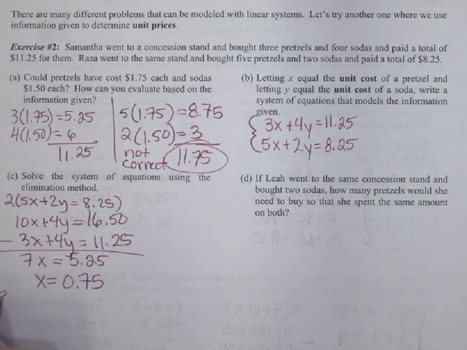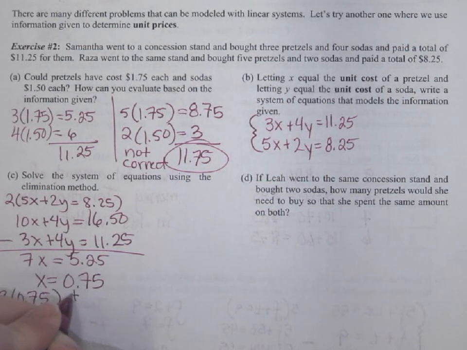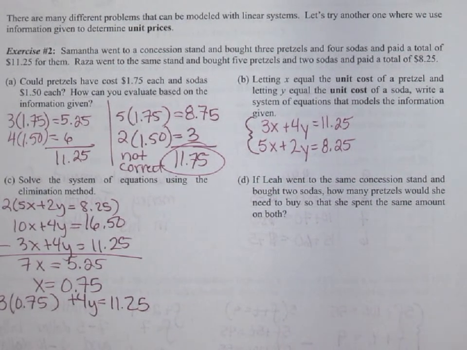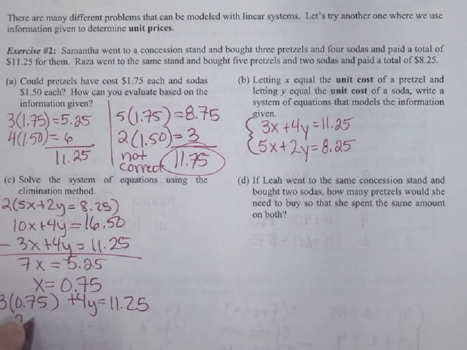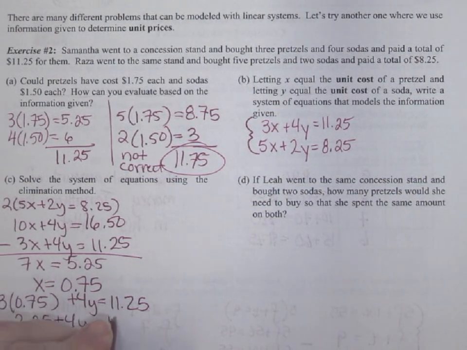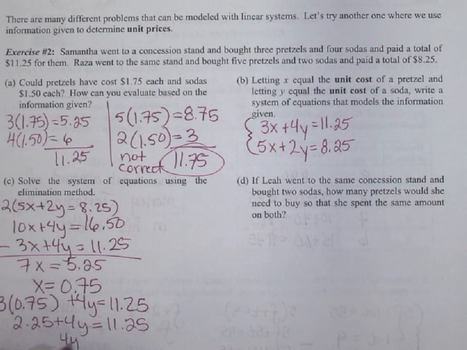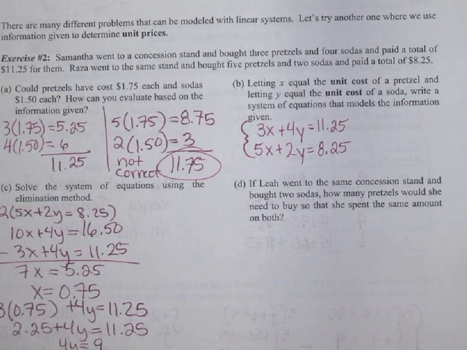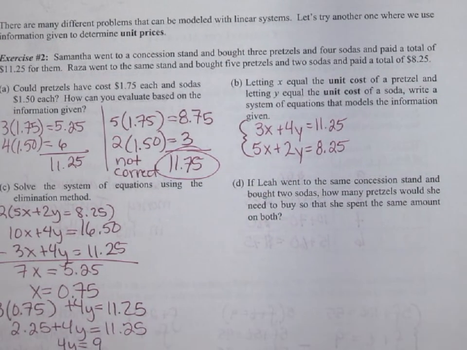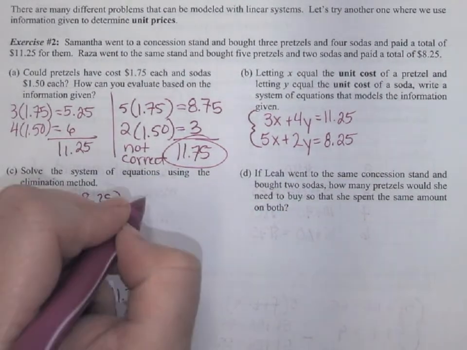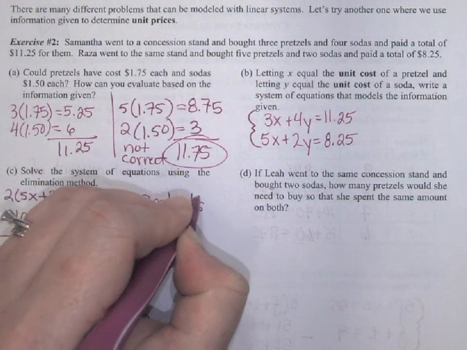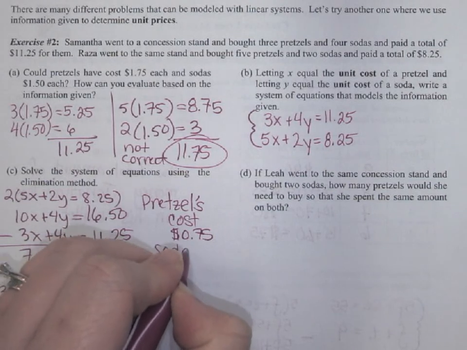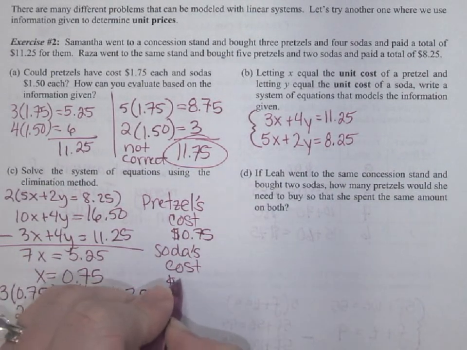So now I'm going to solve for Y. Okay, so according to this, pretzels cost 75 cents and sodas cost $2.25.